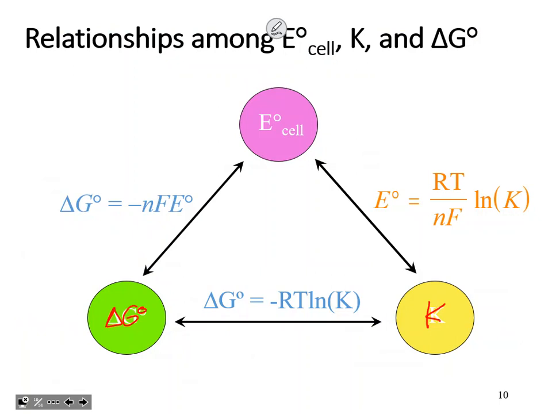So we have delta G equals negative nFE, and delta G equals negative RT ln K. Once again, these ones are both on the formula sheet. Delta G equals negative nFE goes between E cell and delta G. This one goes between K and delta G. And then the one we just derived, this one's not on the formula sheet, that one goes between E cell and K. And you might want to utilize it so you can easily figure that out, or memorize it if you so want to.